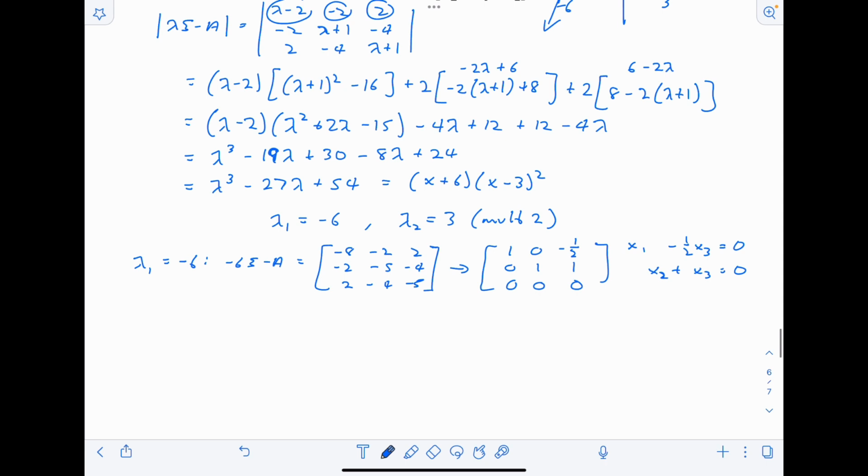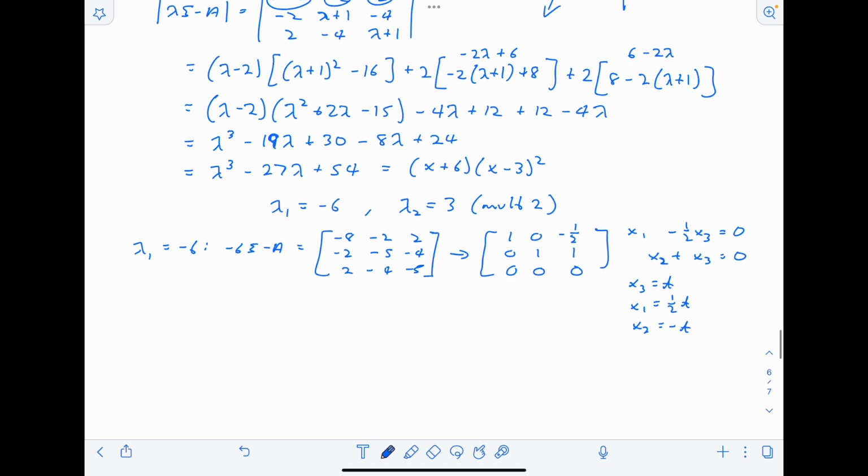So I'm going to let x3 be t, which means that x1 has to be 1/2 t, and x2 has to be -t. So x1 is 1/2 t, x2 is -t, x3 is t.